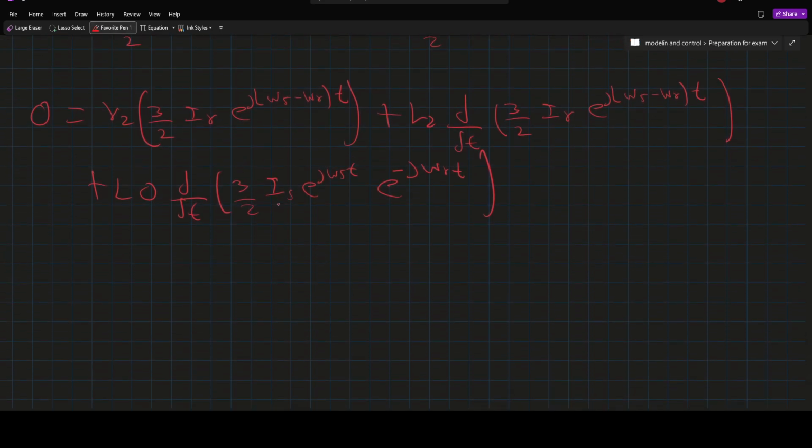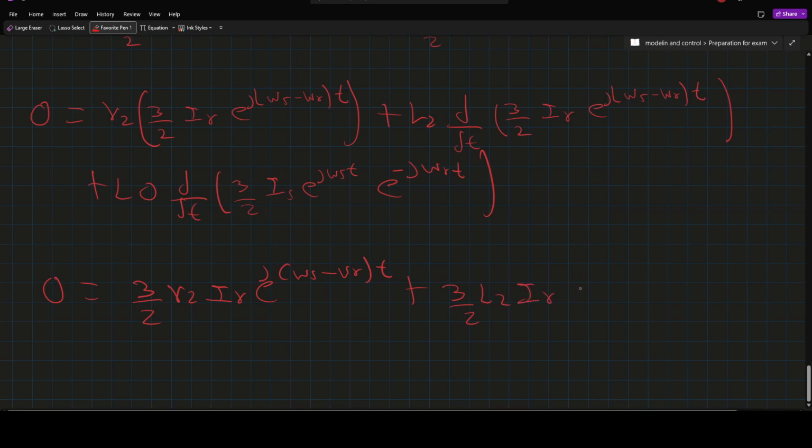So again, we can collect terms. So we have 0 equals 3 halves R2 IR e to the j omega s minus omega RT, plus 3 halves L2 IR and the derivative of this, plus 3 halves L naught Is and the derivative.